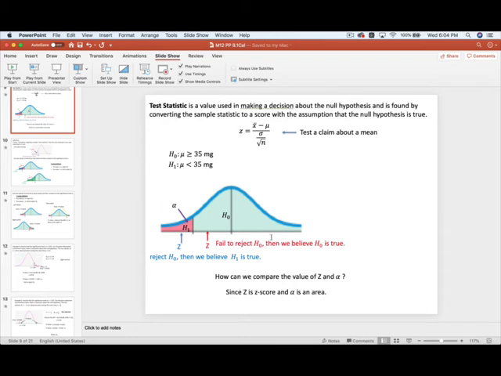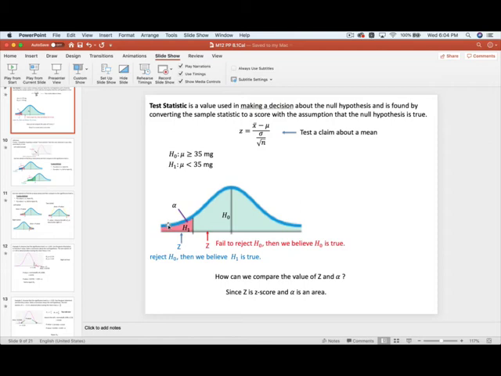This is the idea to draw the conclusion, right? And we can't compare the z-score with the area of alpha because these are two different things. So in the first, p-value method, we use the test statistic to find the p-value, and the p-value is compared with your significance level to draw the conclusion. This is the first method, the p-value method.